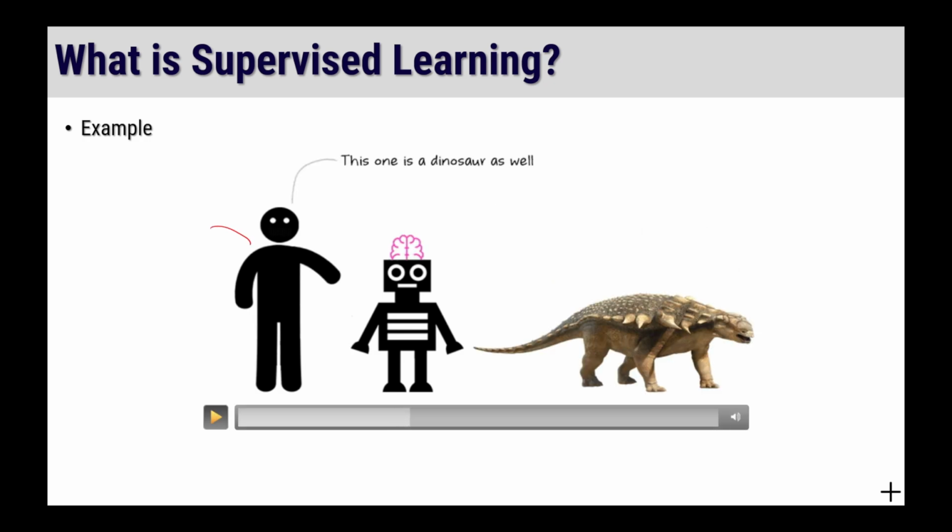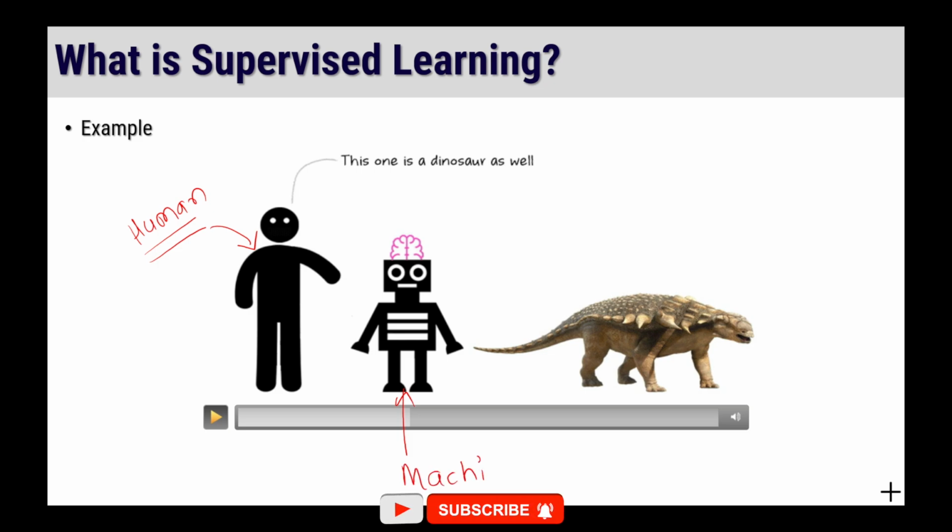See, this is human. This is our machine. Machine or our ML model. Human is teaching the machine that this is a dinosaur. मतलब कि we are giving label data to the machine.